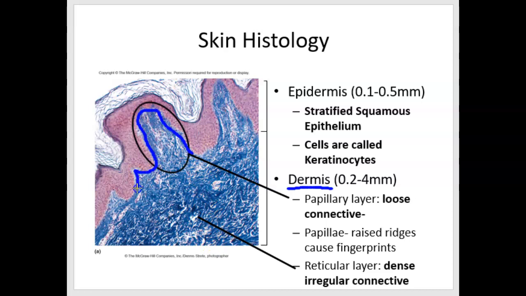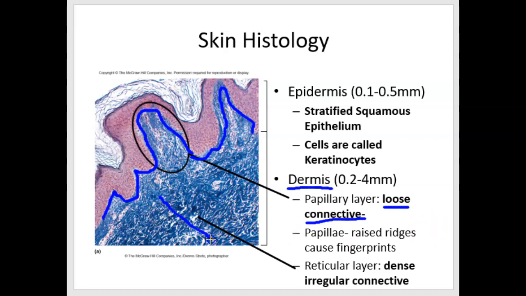This is called the papillary layer, and the ridges form our fingerprints. And the pattern of the ridges is unique for every individual. This papillary layer contains loose connective tissue. So that's the layer that has some elastic fibers in it.